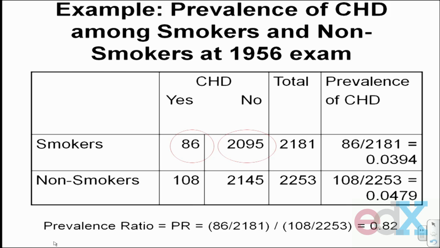Meaning when I looked at this cross-sectional study among the 2,181 smokers, when they were asked, have you been previously diagnosed with coronary heart disease, 86 of them said yes, and 2,095 said no. But if some of those people who said no really did have coronary heart disease, but just had never had it diagnosed, they would have been moved into the yes group if they had been tested as often, say, as the non-smokers had been tested.